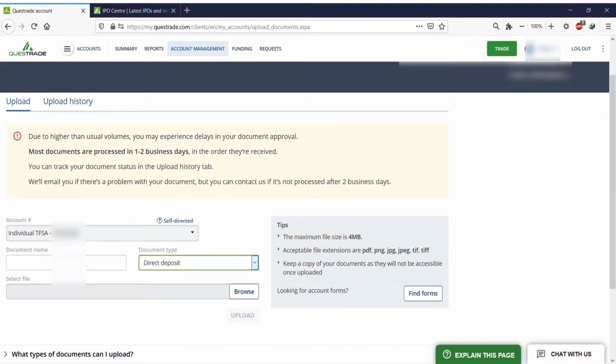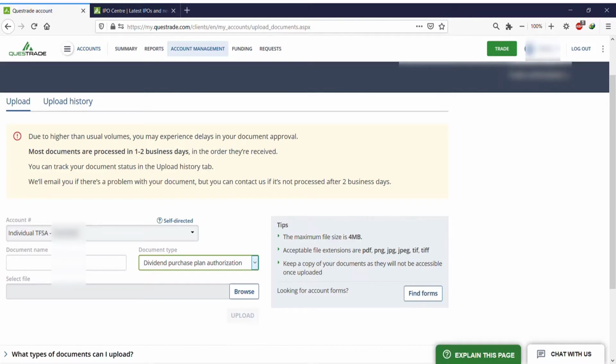And the other thing, for example, dividend purchase plan authorization is the one that I just talked about, the DRIP, dividend reinvestment plan. After you fill it and sign it, you can upload it here. Something I forgot to mention is you can ask Questrade to do the DRIP for all of your dividend stocks, or for just one, depending on your preference.